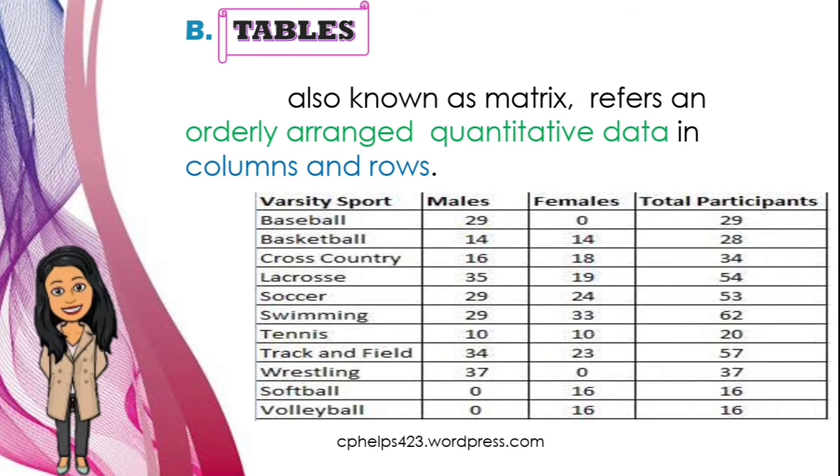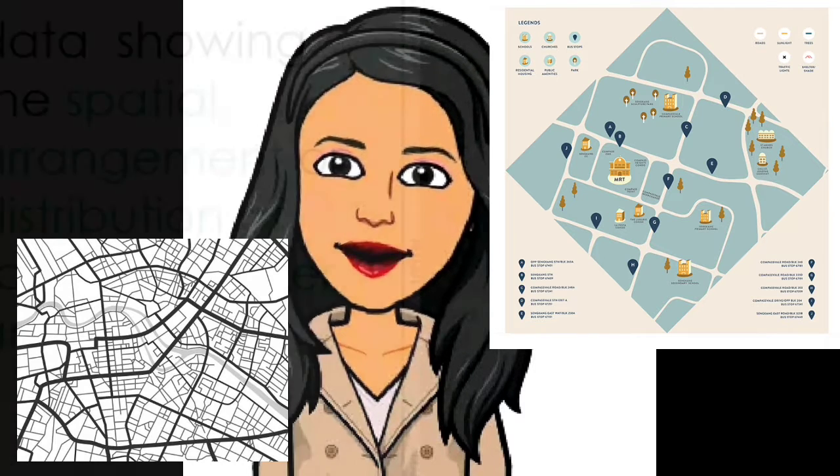Another type of visual element is tables. Tables, also known as matrix, refer to orderly arranged quantitative data in columns and rows. So it uses columns and rows to present data. Another is maps.